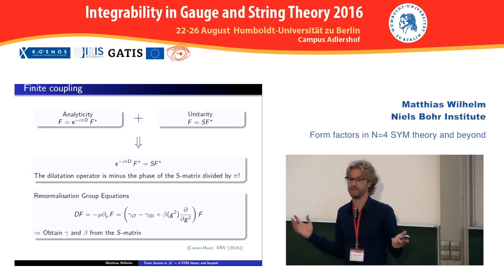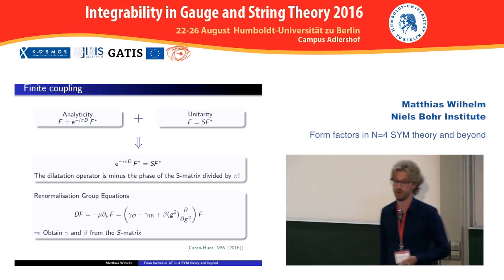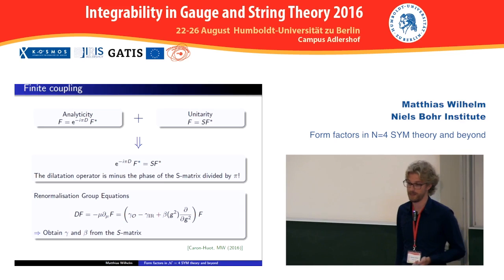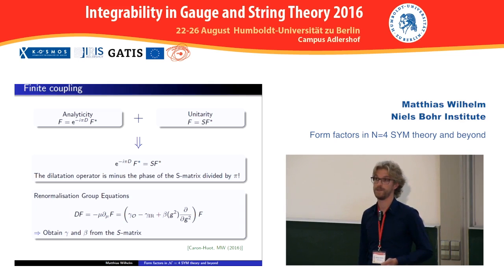Now, if we combine the statements of analyticity and unitarity, we find that the dilatation operator is minus the phase of the S matrix divided by pi. And this is the main result of the second part of my talk.